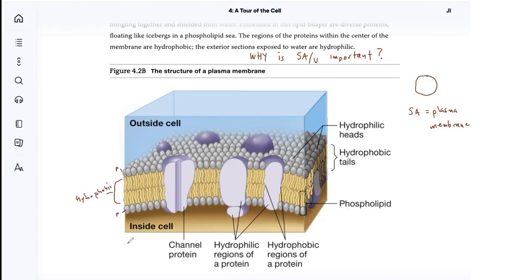And inside the cell, we've got a water-based or aqueous world. Outside the cell is also aqueous.